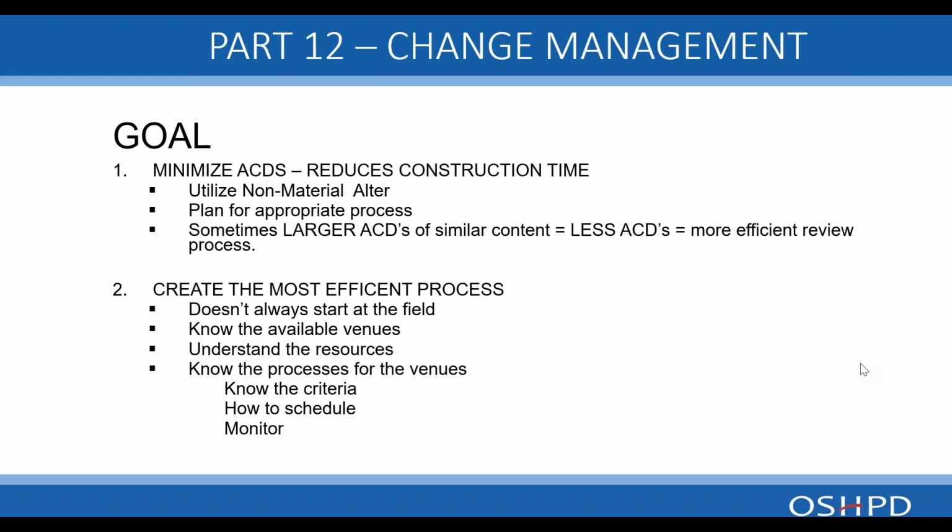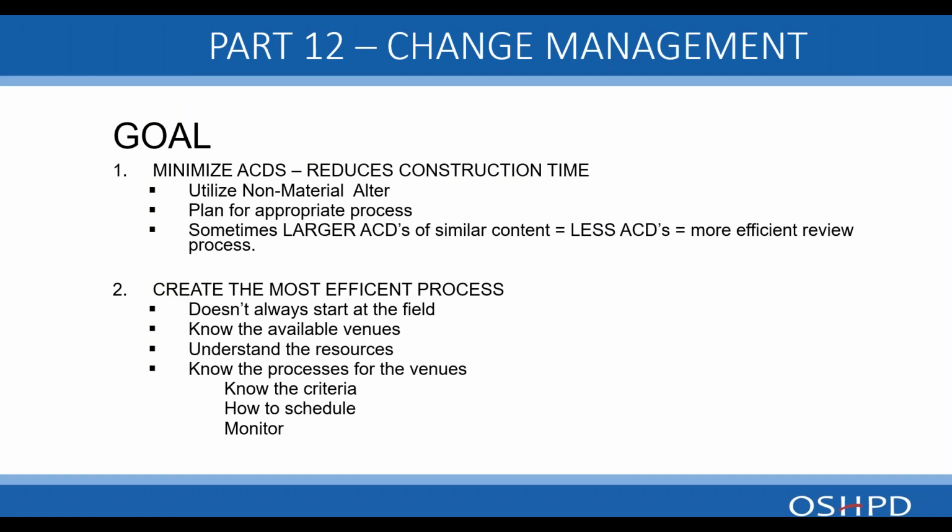So the goal, I'm going to talk now about change management a bit, and the goal obviously is to minimize changes, minimize ACDs, because changes take time, they cost money, they're very inefficient. It reduces construction time.